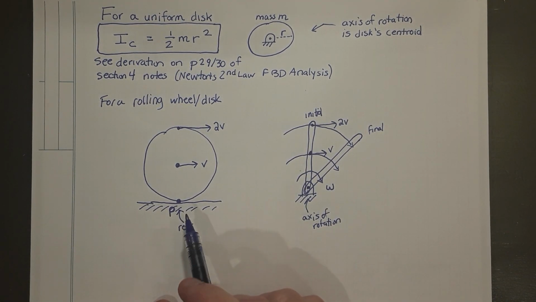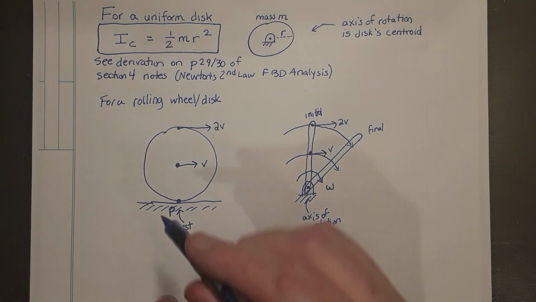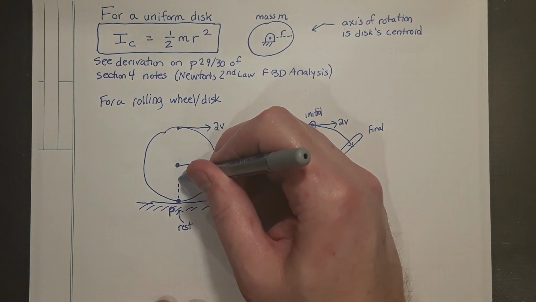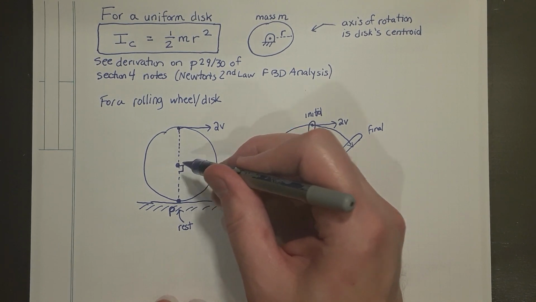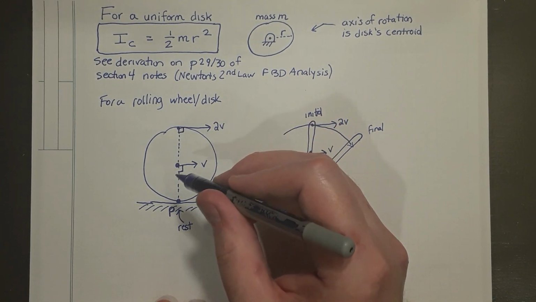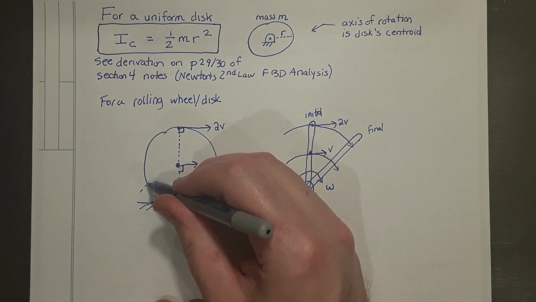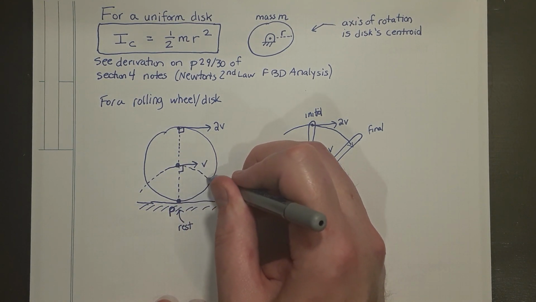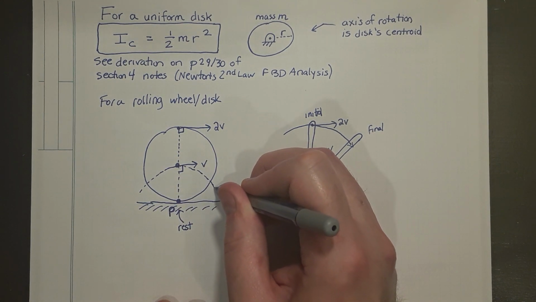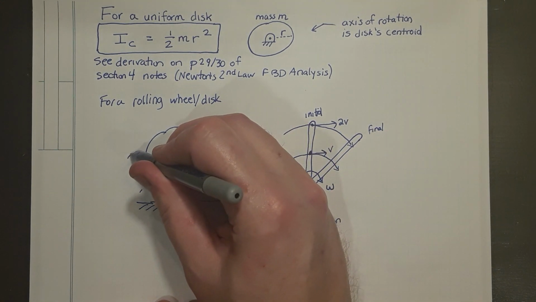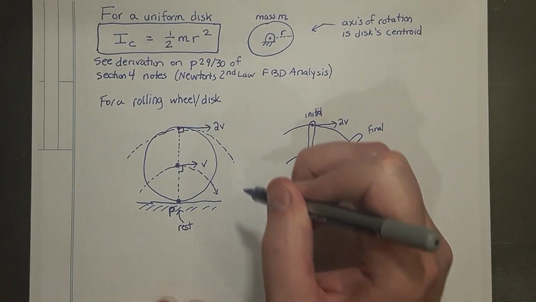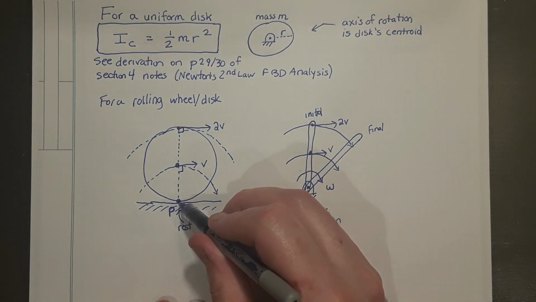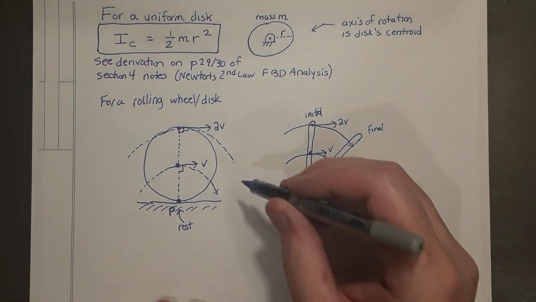So the rolling wheel behaves in exactly the same way because that is the only point on the object which is at rest. So if I take a radius vector from point P and go to any location on the object, you'll notice that these points are instantaneously exhibiting rotational motion, in this case clockwise rotational motion, both of which are centered on this axis of rotation.